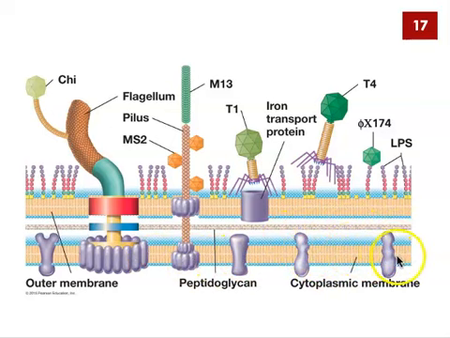In other words, the protein that is found in the cell membrane is going to be different from the proteins that are found in the outer membrane. The outer membrane is also going to have a molecule in it called LPS, lipopolysaccharide.